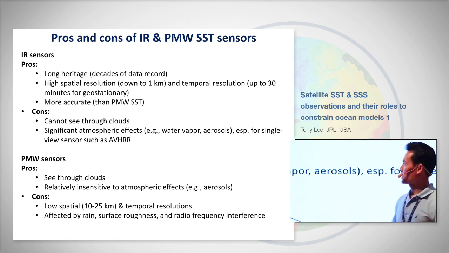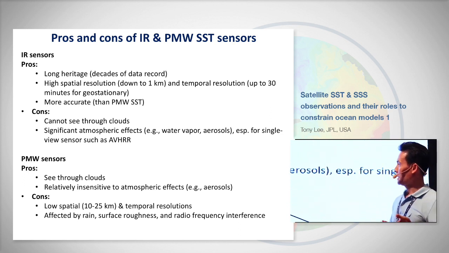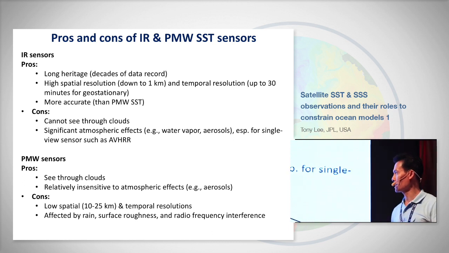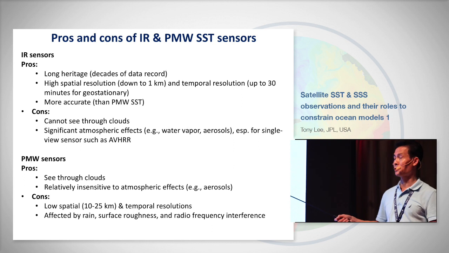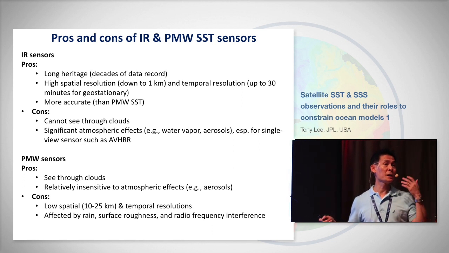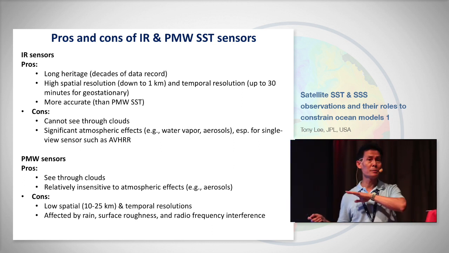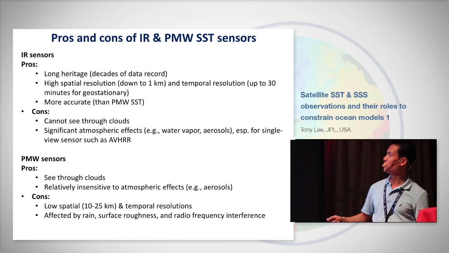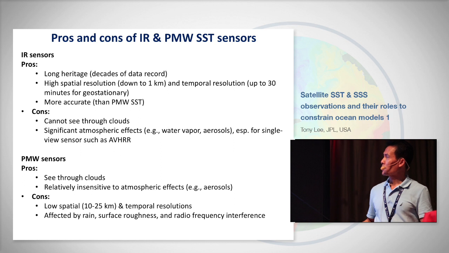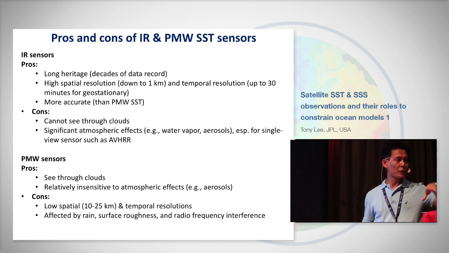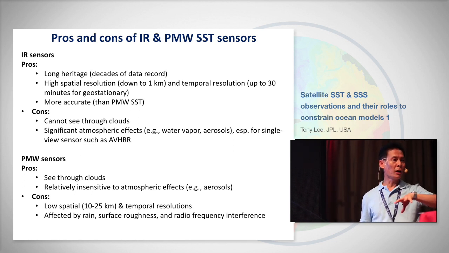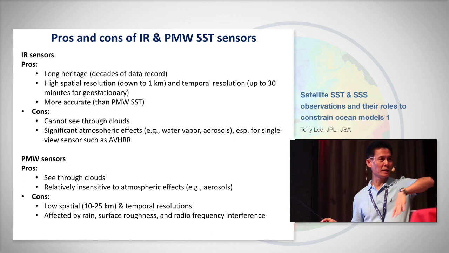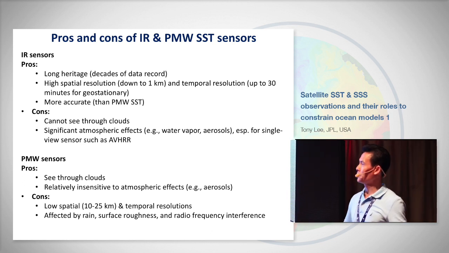Another disadvantage is that the infrared signals are significantly contaminated by atmospheric effects such as water vapor and aerosols. In fact, a volcano eruption is going to have a big impact on the SST, even on very large scale.